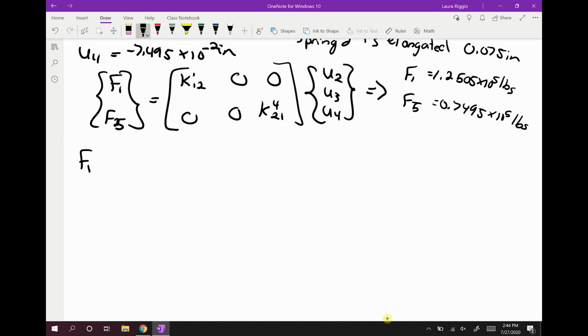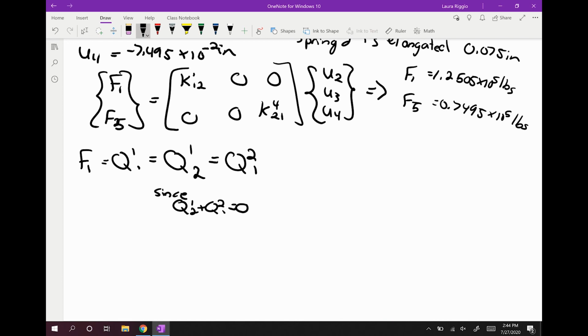We know that F1 is the same as Q11, which has to be equal and opposite to Q12 since the load in our bar at our two ends has to be equal and opposite. And Q12 is equal to Q21 since Q12 plus Q21 is equal to 0.